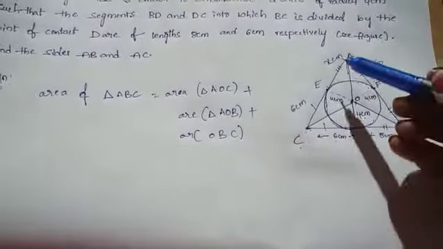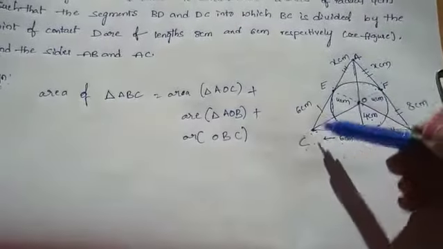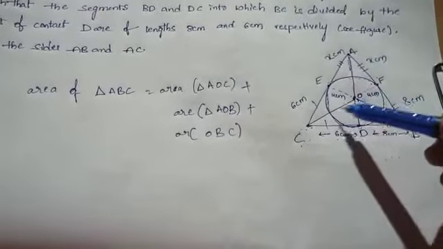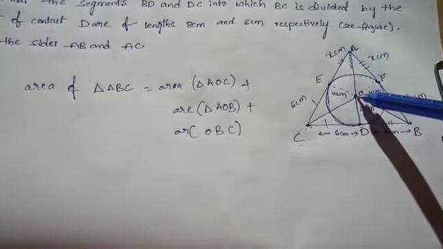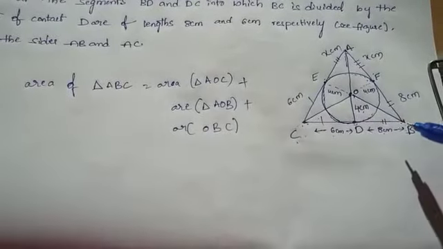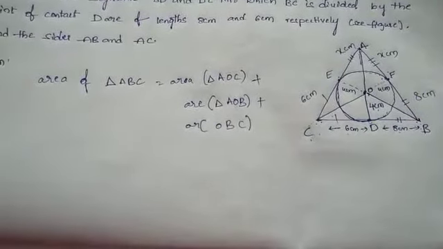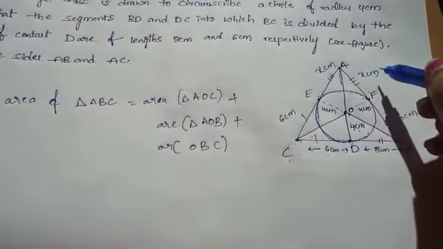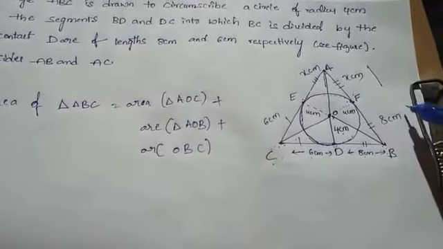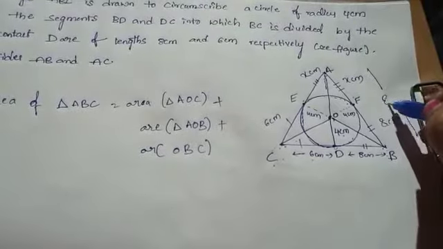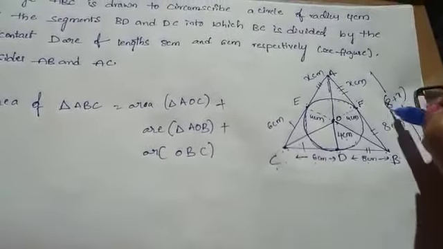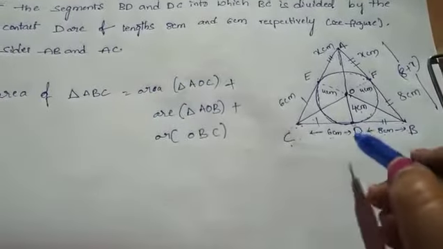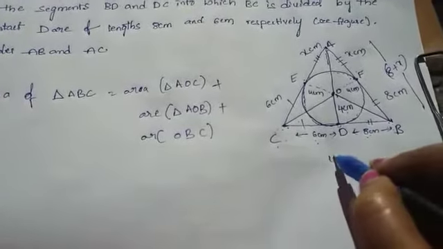Here AB equal to 8 plus x centimeters. BC equal to 6 plus 8, 14 centimeters.